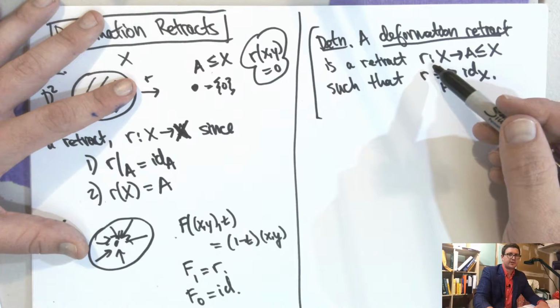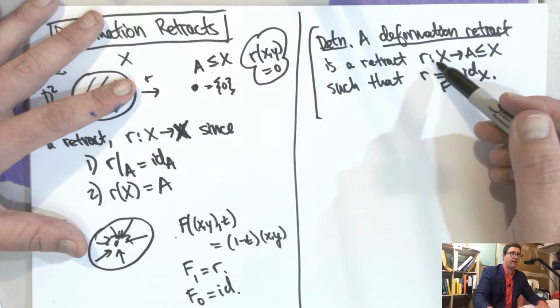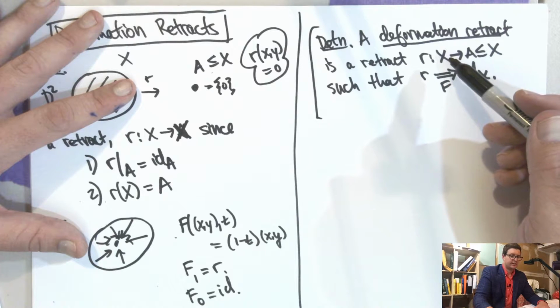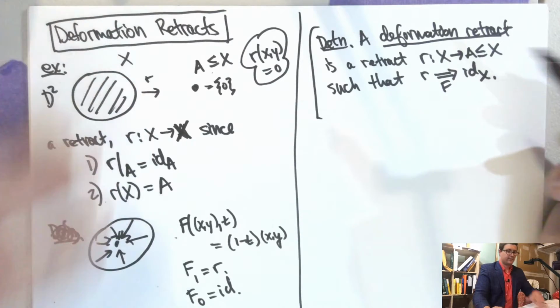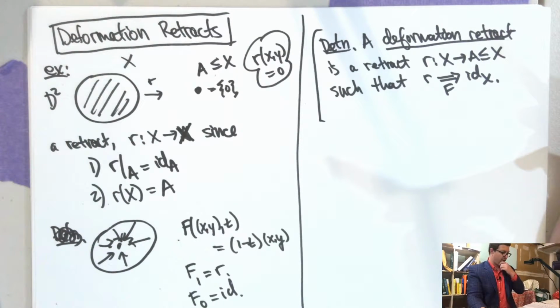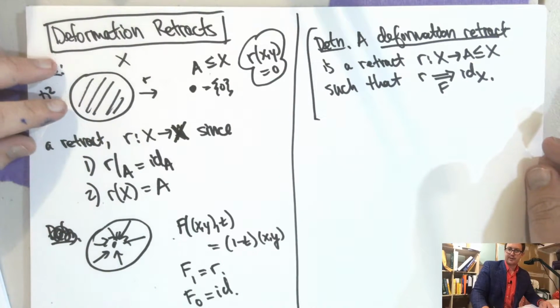Do we want deformation retracts to be retracts, or do we want them to be deformations? I guess you could do it either way. I may regret this, but let's abusively call them both a deformation retract.